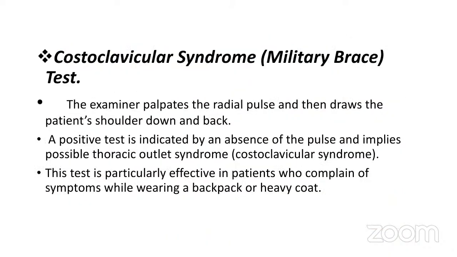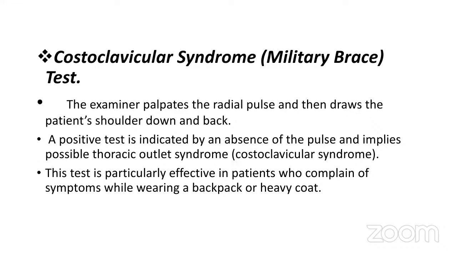Okay. Then the costoclavicular syndrome test, or military brace test. What do we have to do in this test? In this test, the examiner will palpate the radial pulse, then draw the patient's shoulder down and back. We had seen earlier that if a person is carrying a heavy bag, then the shoulder is depressed.